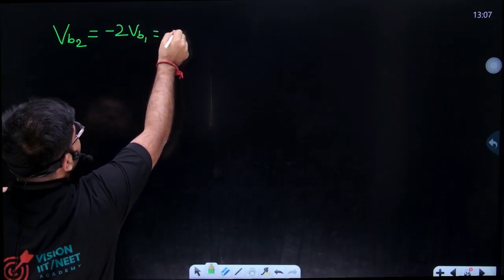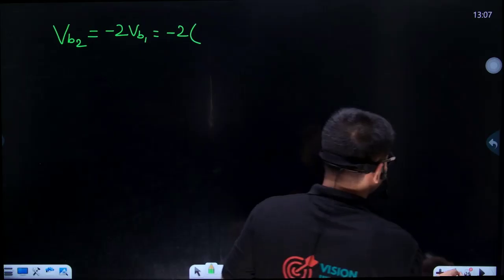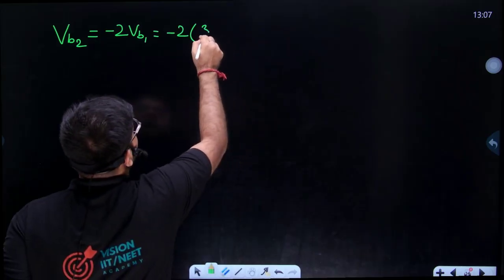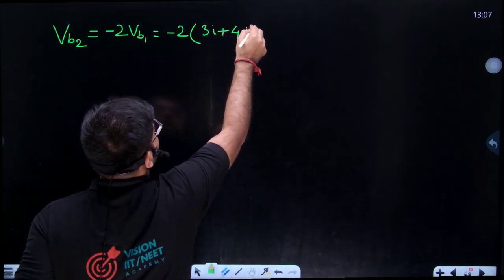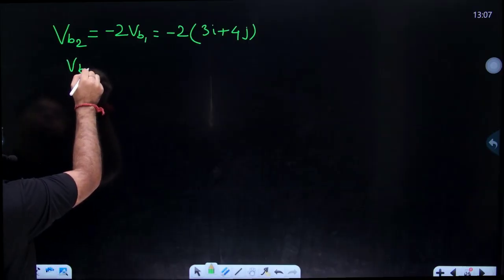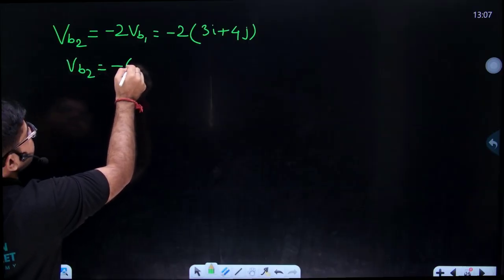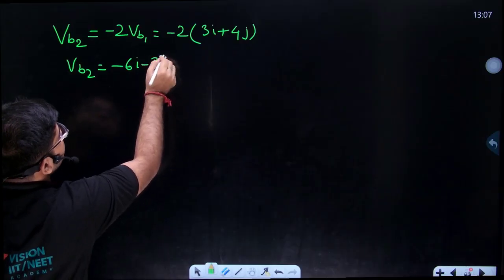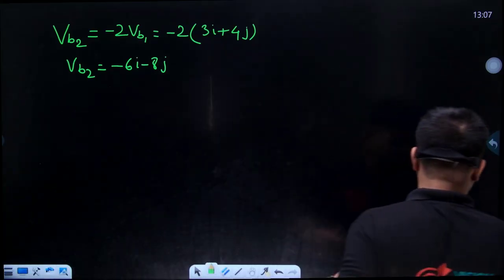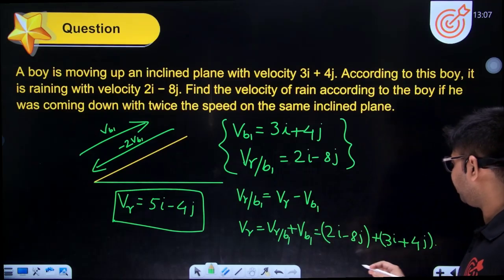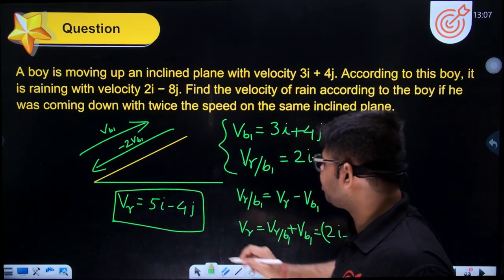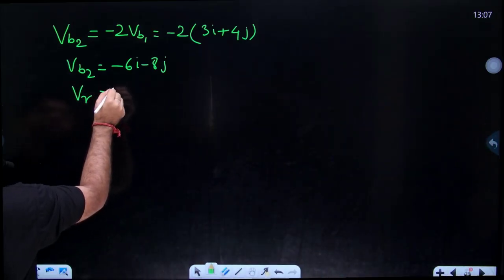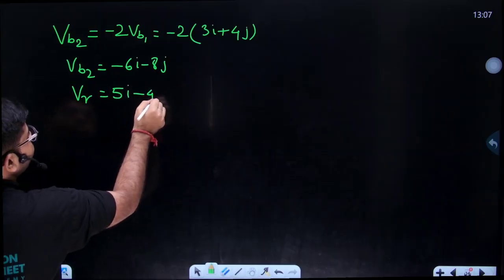What was my VB1? 3i plus 4j. So VB2 is minus 6i minus 8j. And I know the VR value. The velocity of the rain, VR, is 5i minus 4j.